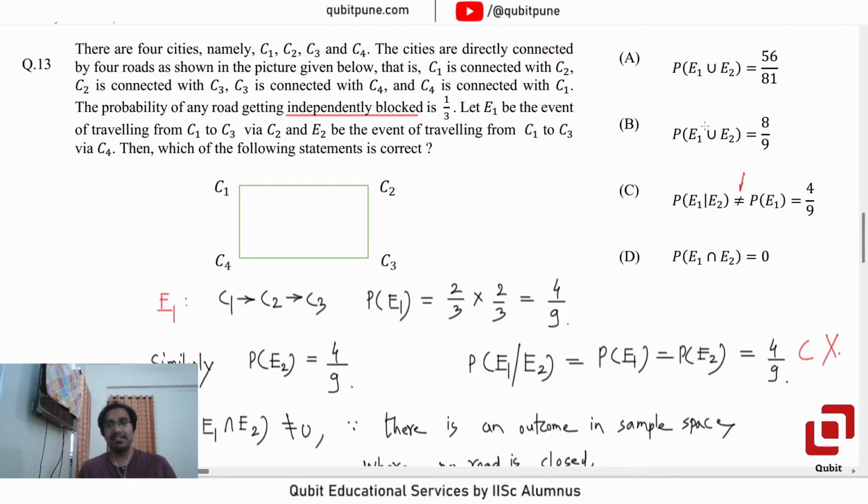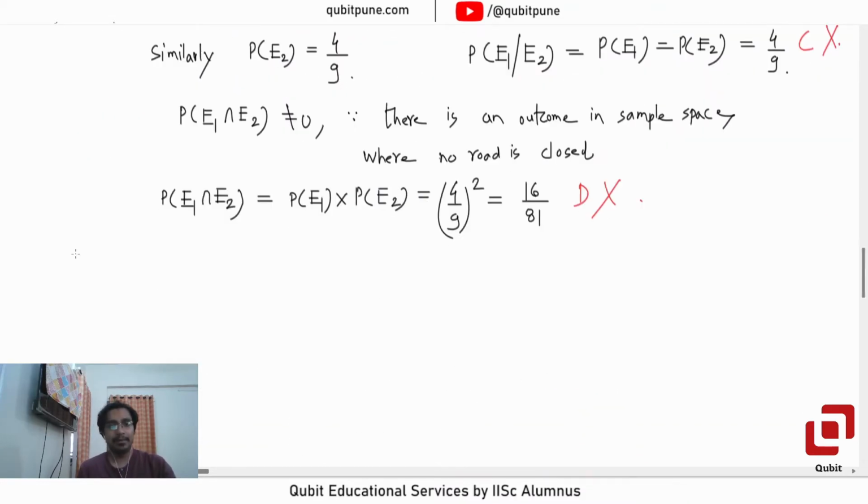Now we will use the addition theorem to find the union probability. Probability of E1 union E2 is probability of E1 plus probability of E2 minus probability of E1 intersection E2.